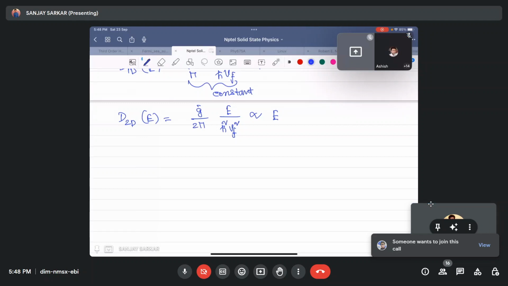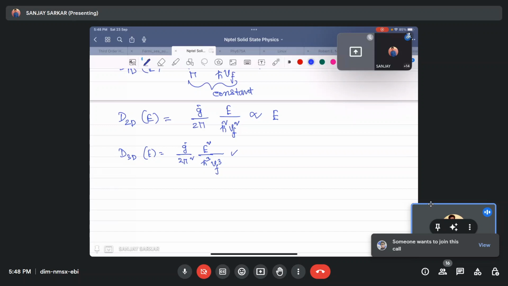Hello, sir. Yeah, for 3D, what is the answer? Sir, the density of states in 3D is directly proportional to the square of the energy. Exactly. So for 3D, the answer is g bar by 2 pi square into E square by h bar cube vf cube.